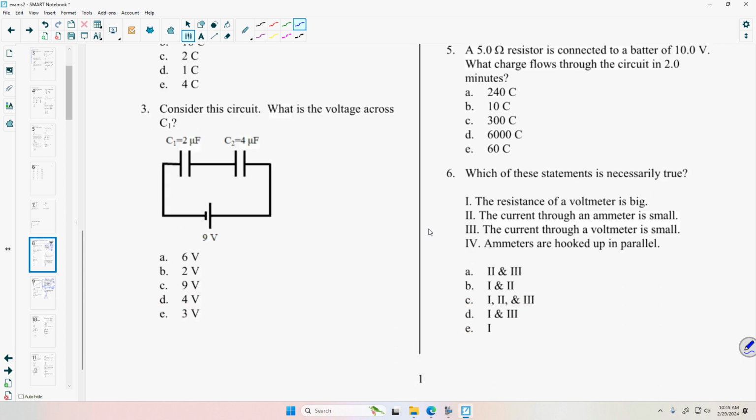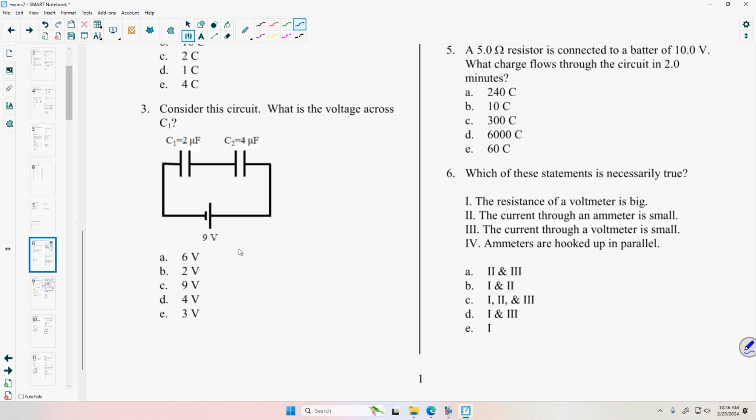Here's another one. I have 2 capacitors. Let's try to think about this without doing the equivalent capacitance, because the equivalent of 2 and 4 is a decimal number. I'd rather not deal with decimals. But if I have 2 capacitors, one that is half that of the other, and the total voltage is 9, well, what are 2 numbers that add up to 9, where one is twice that of the other?